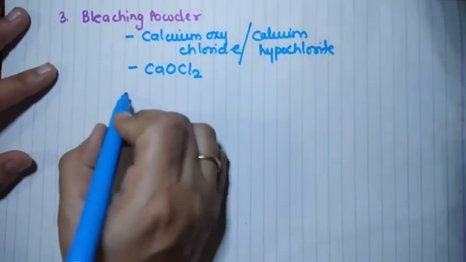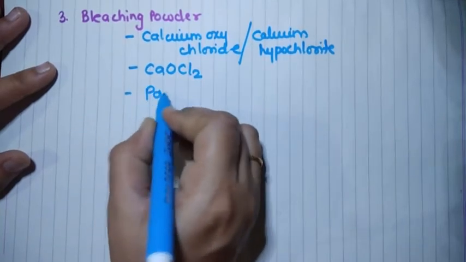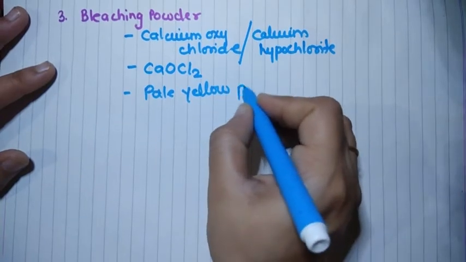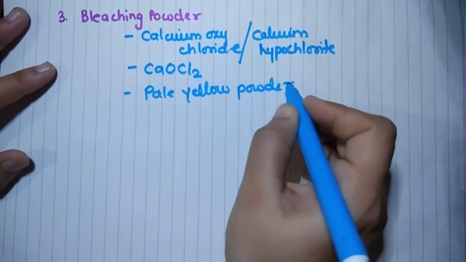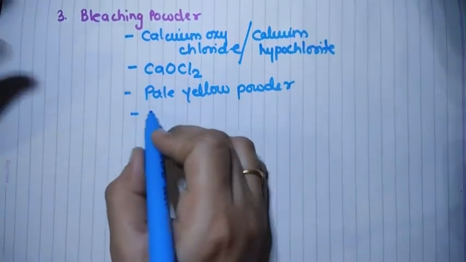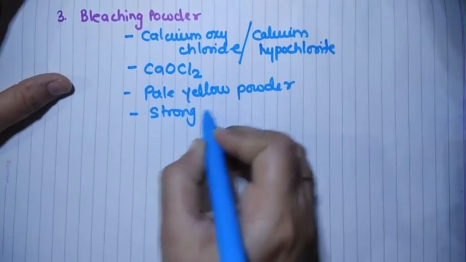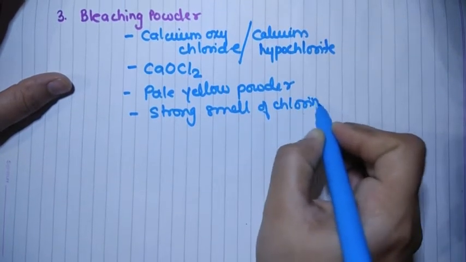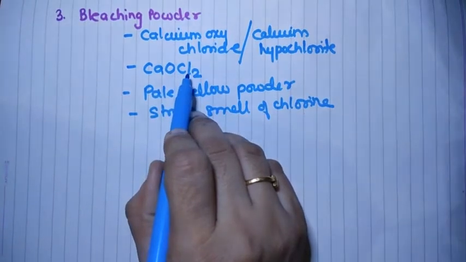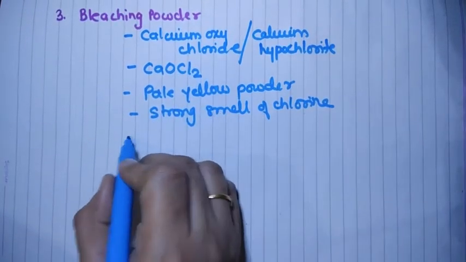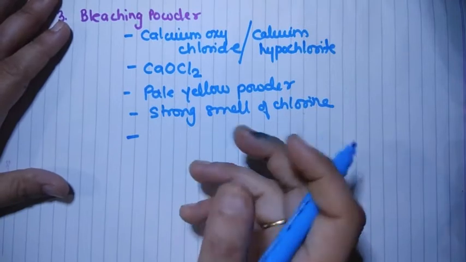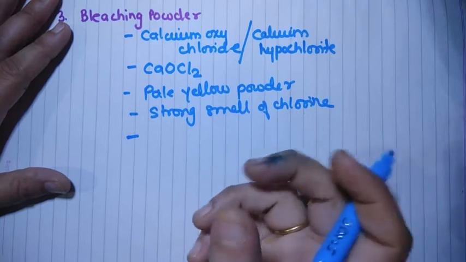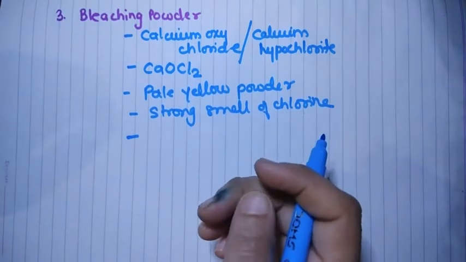We can see that it has a pale yellow color and exists in powder form. It also gives a strong smell of chlorine due to the presence of this chloride. This is commonly used for whitening of clothes. You have often seen that new white clothes are very white.